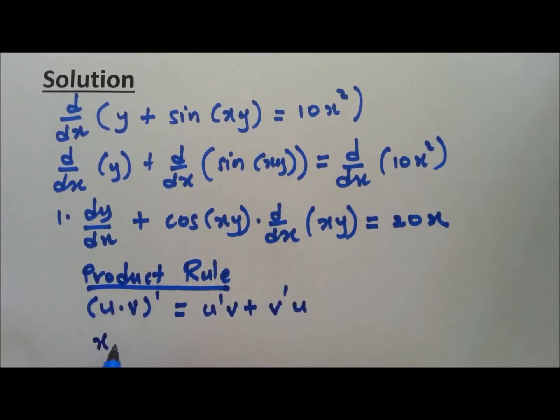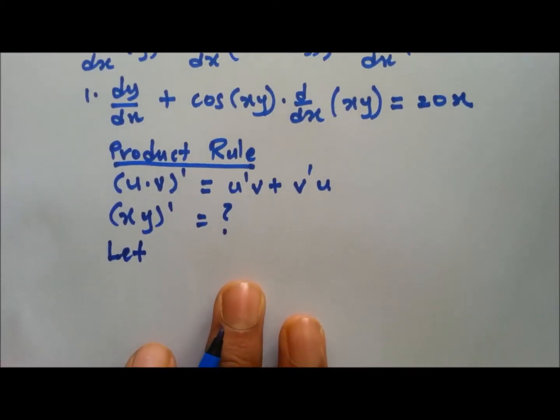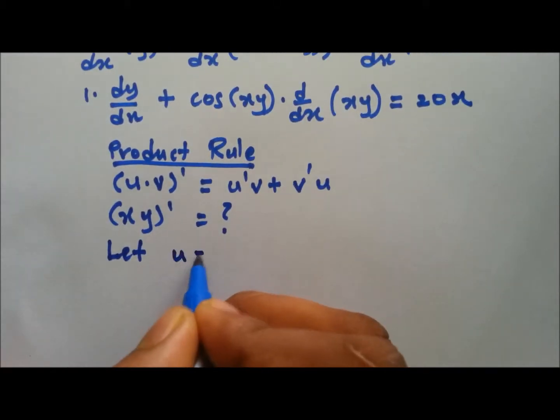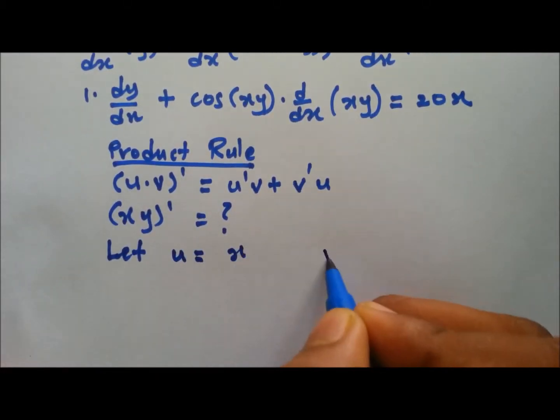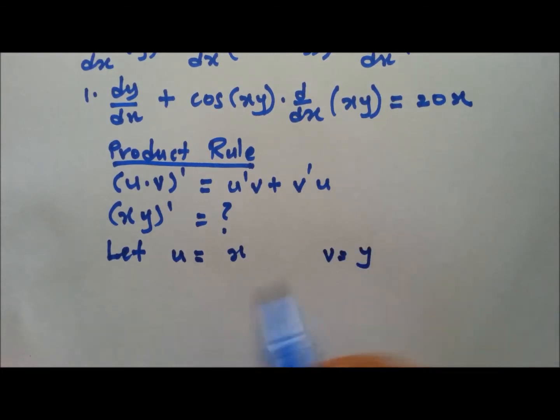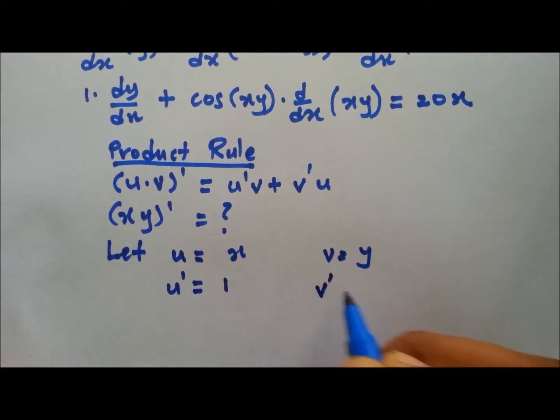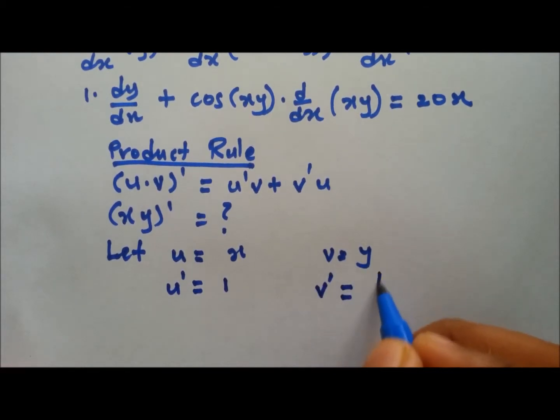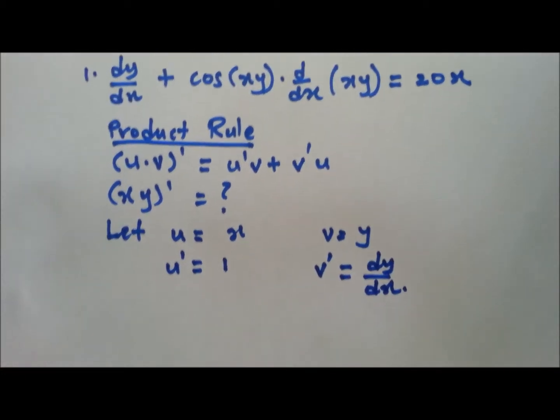So what happens if I need to differentiate x times y? What is the derivative equal to? I can say let u be equal to x and let v be equal to y. Then u prime is equal to 1. v prime is, whenever I differentiate y, I insert dy over dx. Then using this formula, we will be able to find the derivative.